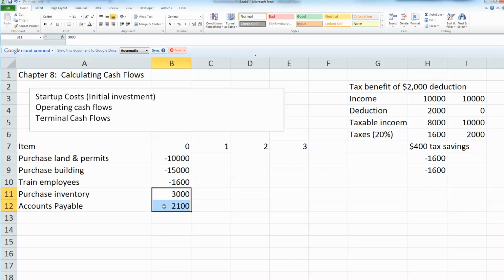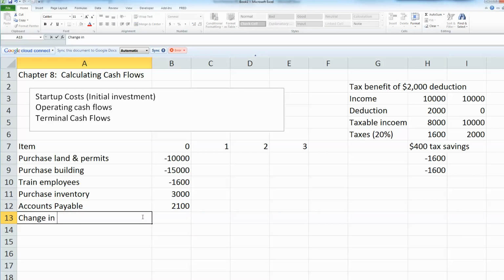Essentially, I bought $3,000 worth of inventory, but I only borrowed $2,100 through accounts payable, so I had to pay $900 in cash for the rest of it. So I will call that change in working capital. And so inventory minus my accounts payable.